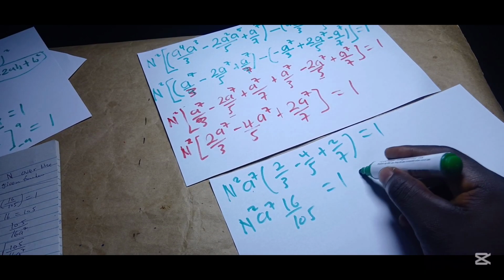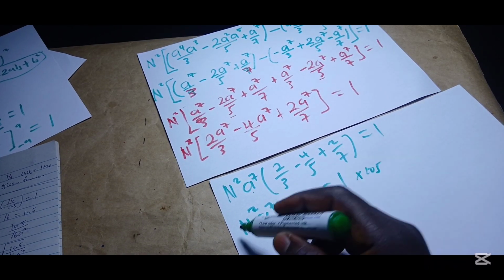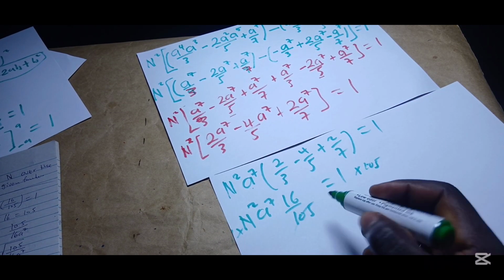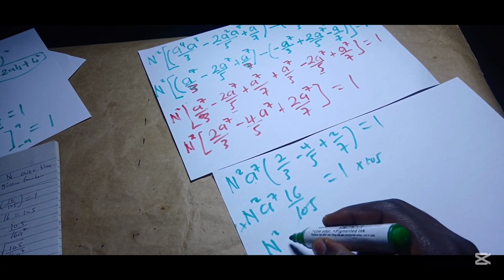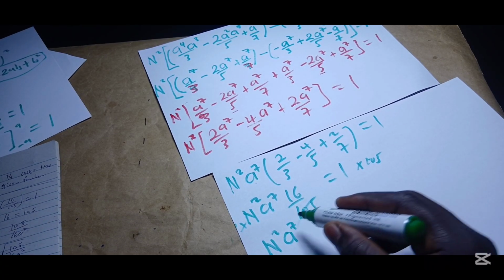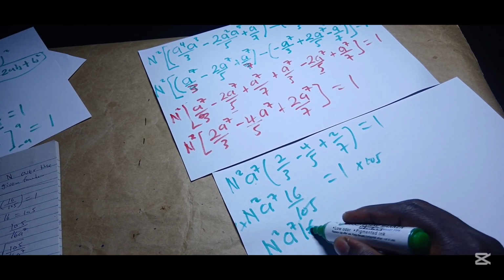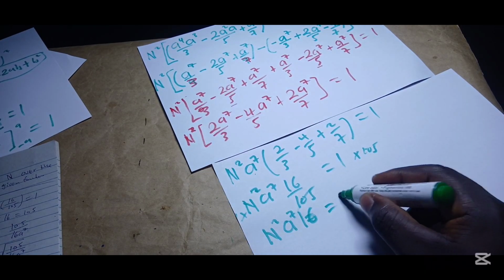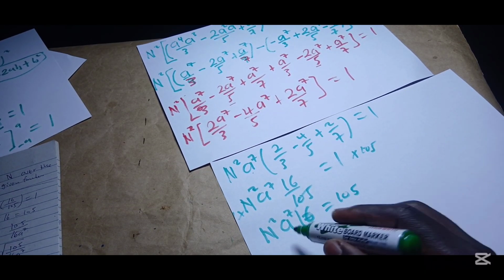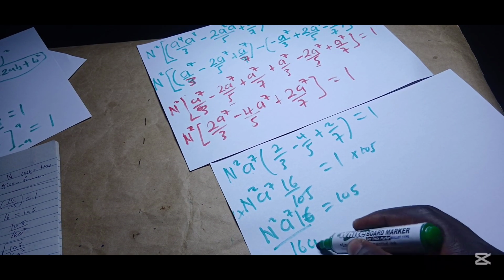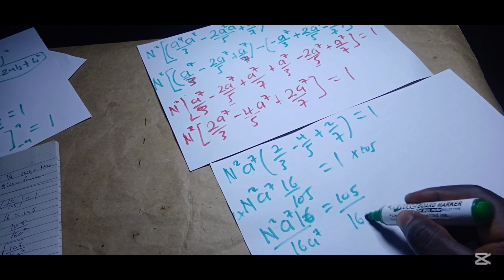So now let's multiply both sides by 105 so that 105 will take care of 105 here. So we are left with n to the power 2, a to the power 7, multiplying 16 equal 105. So let's divide both sides by 16a to the power 7.